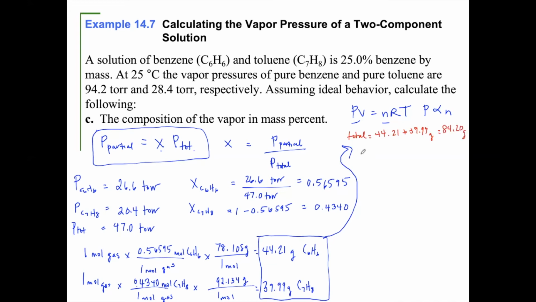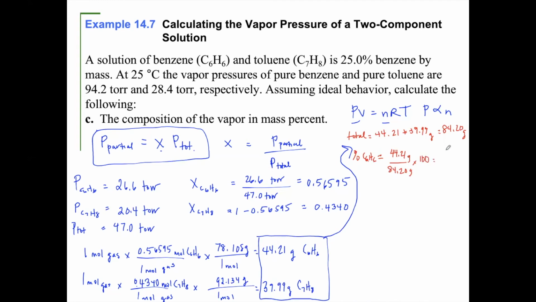So that means that the mass percent of benzene is the individual mass of benzene divided by the total mass times 100.